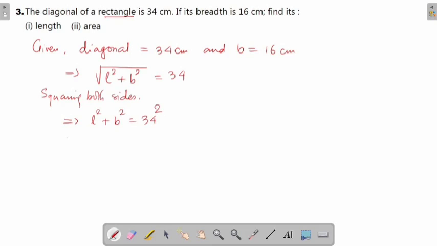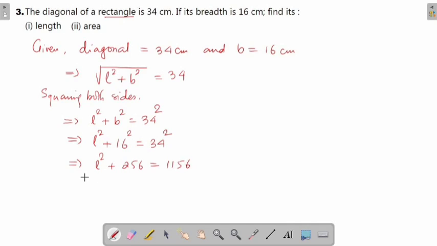Let's put the values. Do we have L given to us? No, we need to find L. Breadth is given to be 16. So it becomes L square plus 16 square is equal to 34 square. Now let's evaluate. L square plus 16 square, which is 256, equals 34 square. 34 square is 34 into 34, which is 1156.